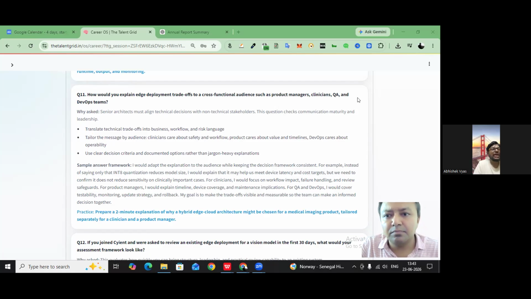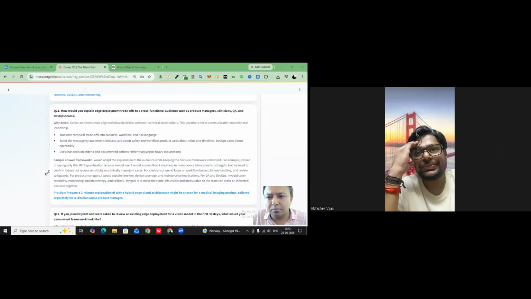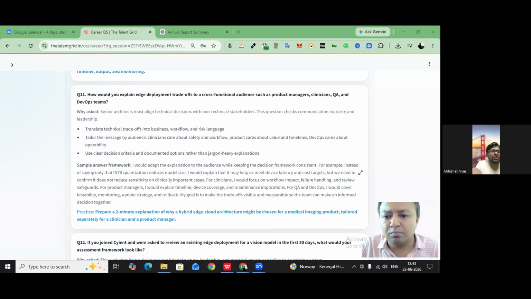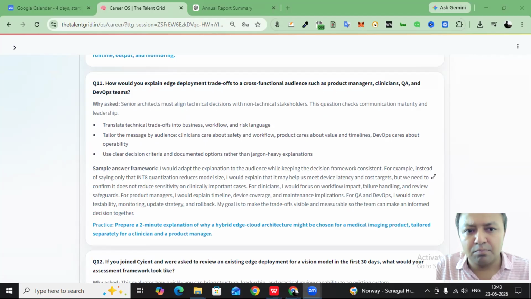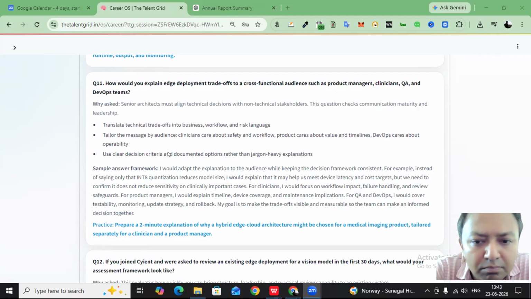Different stakeholders care about different outcomes. Maybe one thing is important for one and not important for another. For example, clinicians focus on patient safety, reliability, and workflow consistency. Product managers focus on business value, deployment timelines, cost, and scalability.